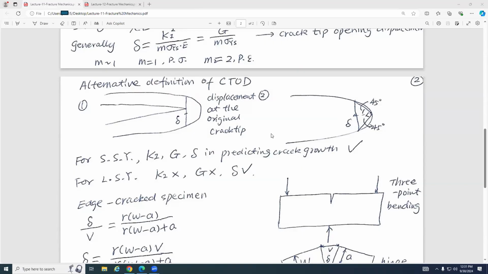CTOA is the angle formed by these two lines: the crack tip opening angle.